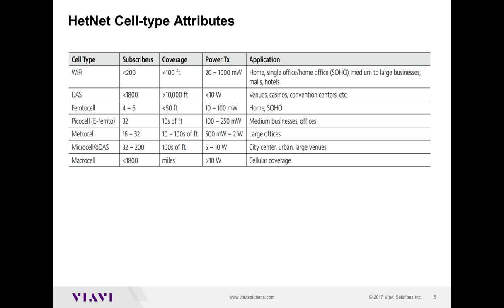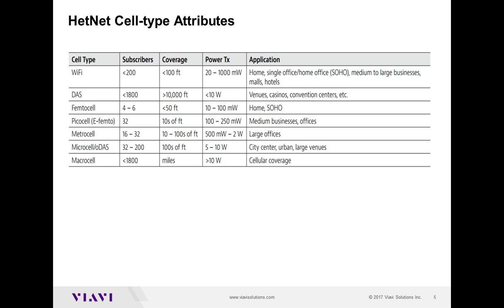The power is also quite significant. It's not that low, but it's a little bit different than macrocell. Macrocell has a much larger coverage area, and we'll see at the bottom that macrocell can provide coverage in miles, right? Then you have femtocells. Again, application is small single office, home office type thing, and so on and so forth.